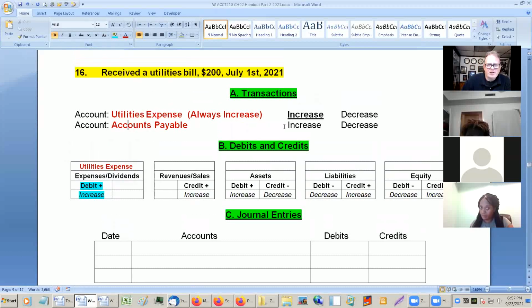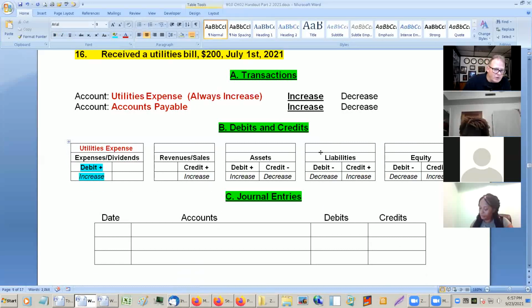Okay, the accounts payable though, is it increasing or decreasing? Do we owe more or less? Now we owe more. Yep, we now owe the utility company $200. So this will be accounts payable, and again, feel free to abbreviate that.